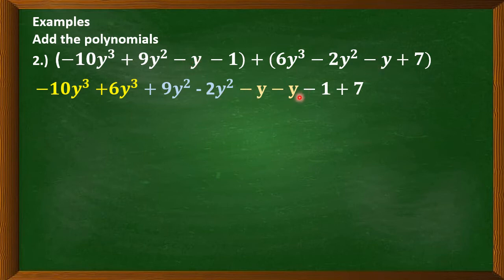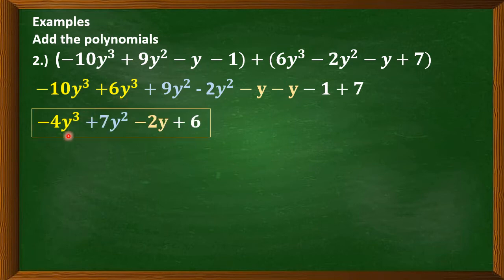Here we also have negative y. And lastly, the constant term negative 1, and here we have positive 7. Combine. Negative 10 plus 6 is negative 4. And then we have to copy the literal coefficient of y cubed. That's why we have here negative 4y cubed.